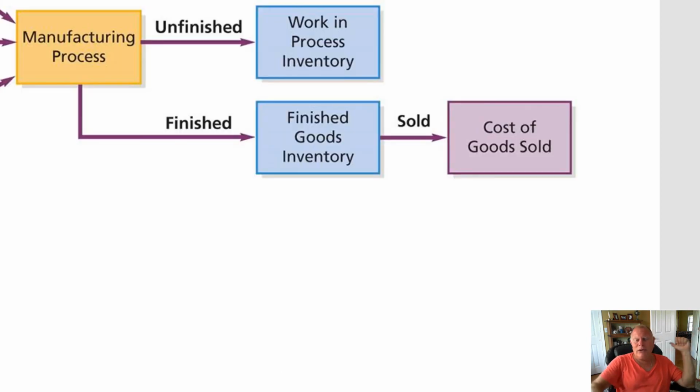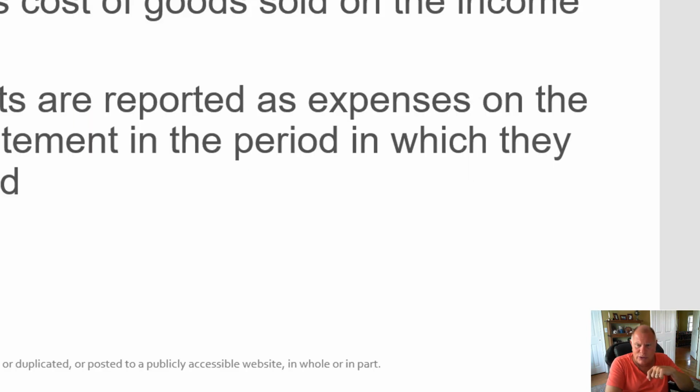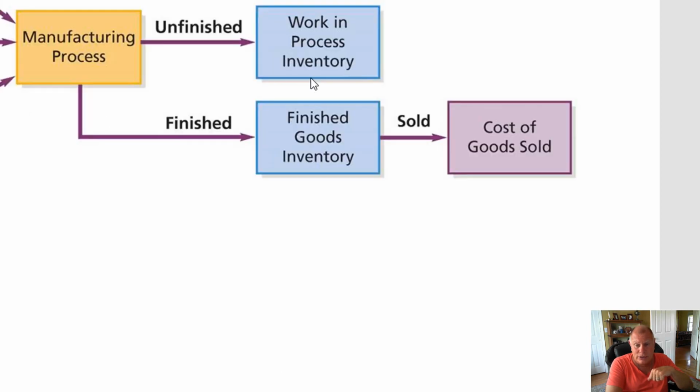So if we look at how the manufacturing costs work, which if we go back just one screen, these are the product costs, it starts with you got direct material, direct labor, factory overhead. At the end of any reporting period, you may not have used all of the direct materials. You may have some inventory.